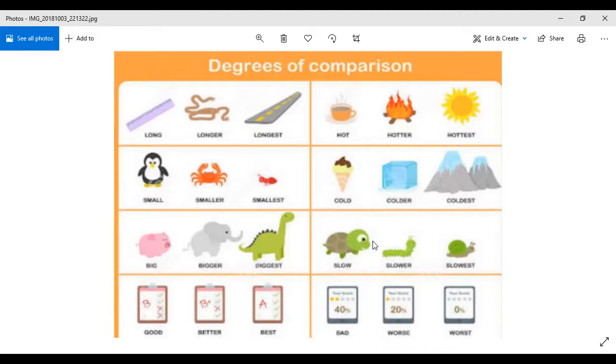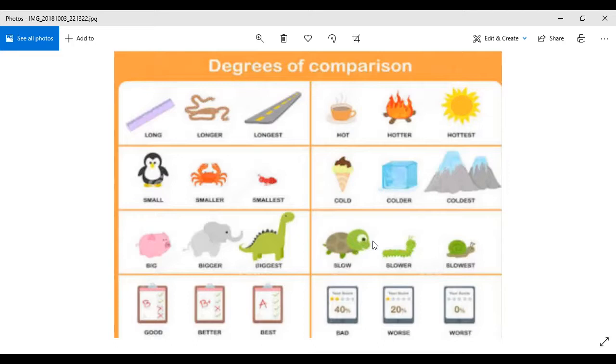Then we have hot, hotter, and hottest, right? Then we have small, smaller, and smallest, right? Now all these we are writing, or we are making their three degrees, the three forms, by using a very simple rule, that is by adding er to the original word we get the second form, and by adding est into it we get the third form.